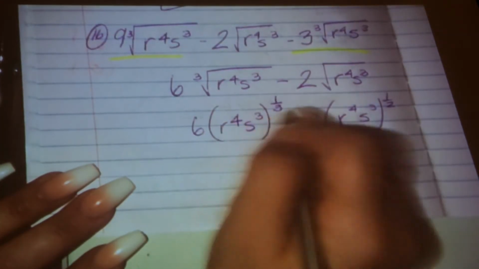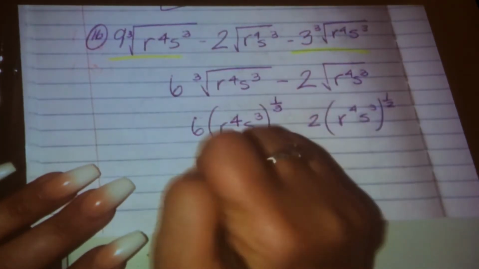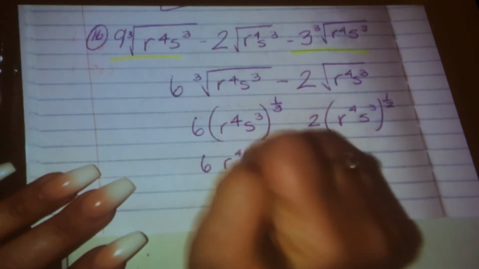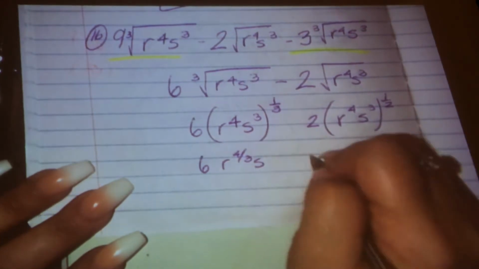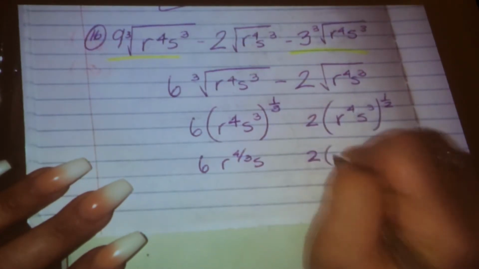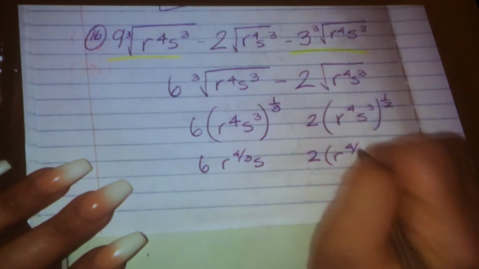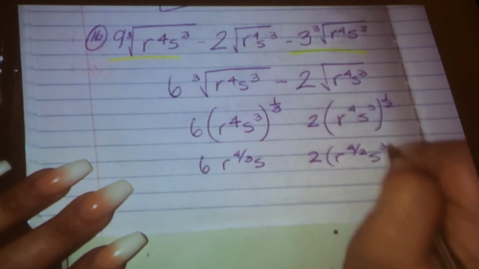All right, let's distribute this bad boy. I have a 6, r to the 4/3, s to the 3/3, so that's just s. And then 2, r to the 4/2, s to the 3/2.